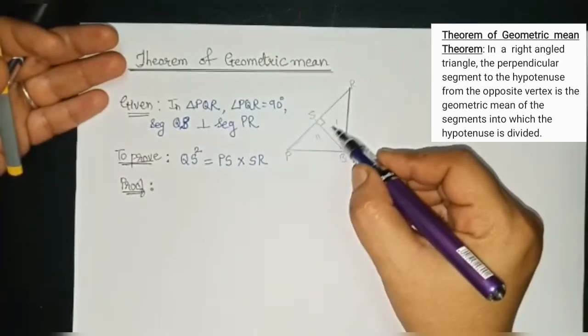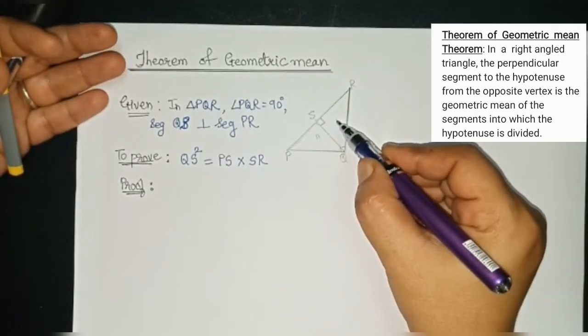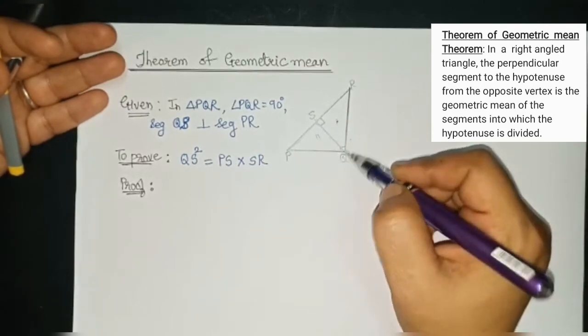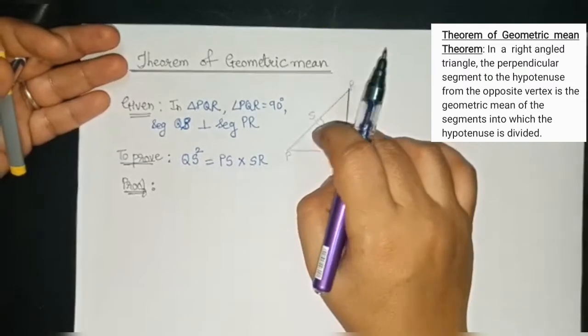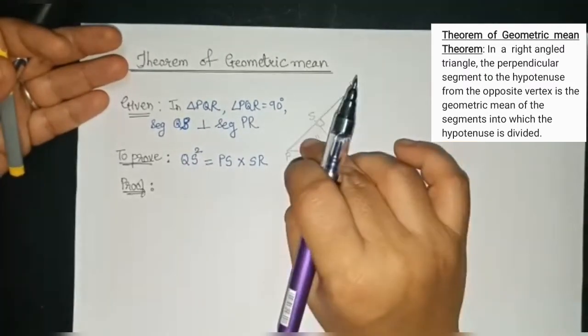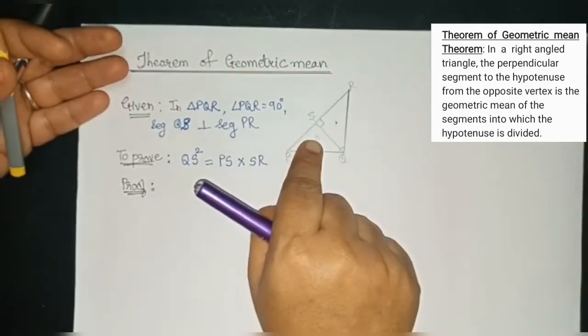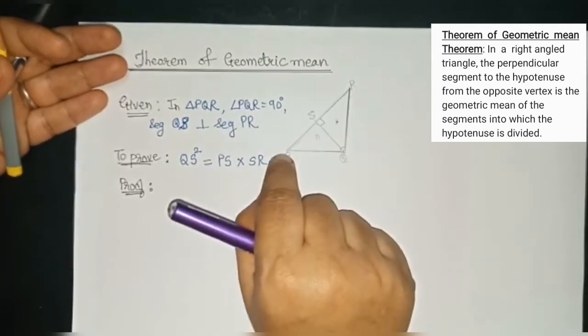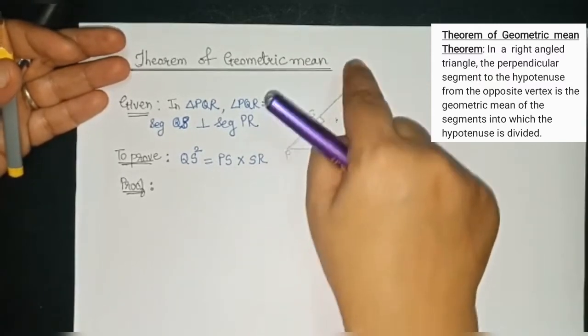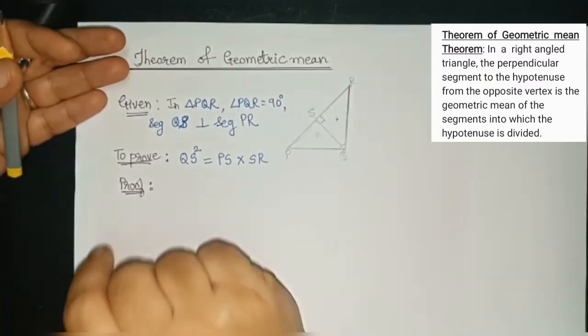The result is that one small triangle, triangle RSQ, is similar to the big triangle RQP. Also, this other small triangle QSP is similar to the big triangle RQP.